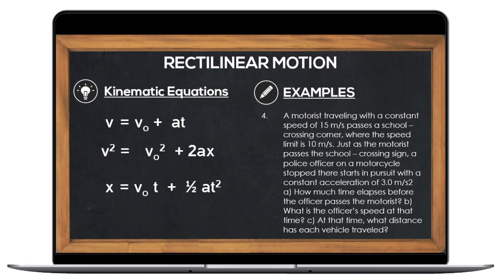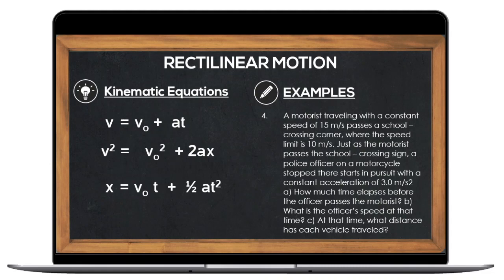Okay? So, how much time elapses before the officer passes the motorist? So, in physics, when we talk about passes, it does not mean overtake. Or sometimes the word overtake here denotes that the officer and the motorist are at the same distance. Okay, so that is the overtake here, not the typical overtake where one is already ahead.